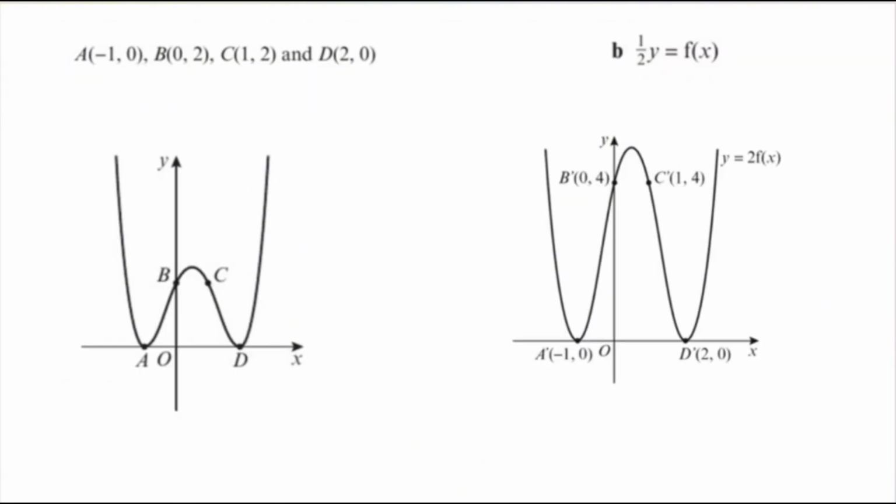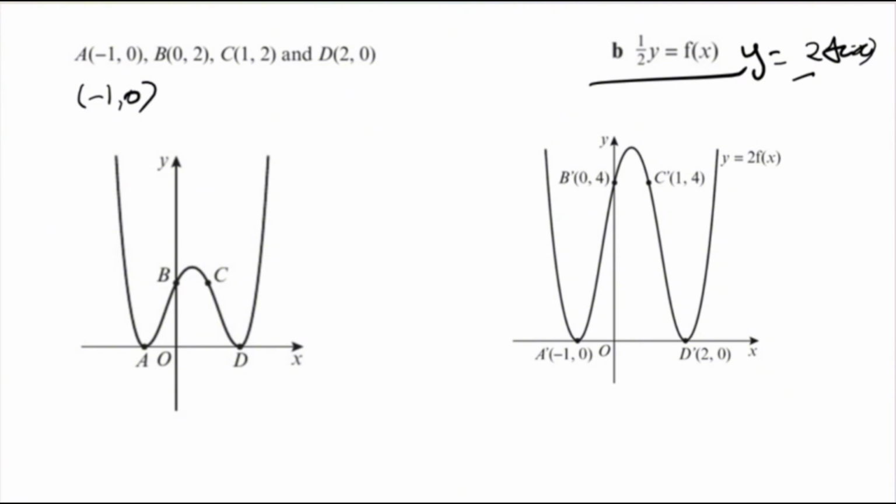This is the graph after the change, and this is how our graph looks for the first transformation. Moving to the second transformation: half of y equals f of x. Here again we have to make y the subject, so y equals 2f of x. That means all our y coordinates will be times 2. So for A (-1, 0), it becomes (-1, 0) because 0 times 2 is 0.